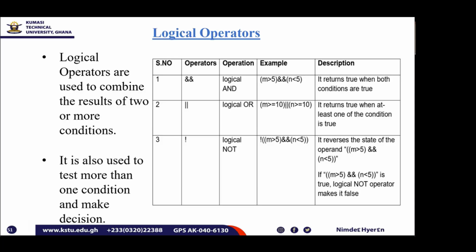So if the operand is, say, a logical AND, in this case where m greater than 5 and n less than 5, you will see that before these two conditions are compared or combined, there is an exclamation sign.